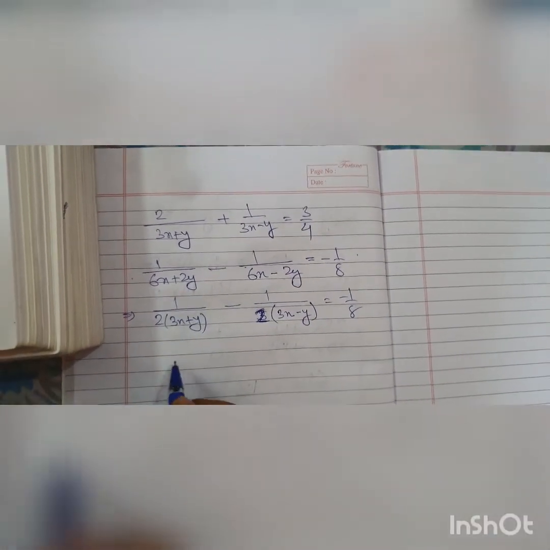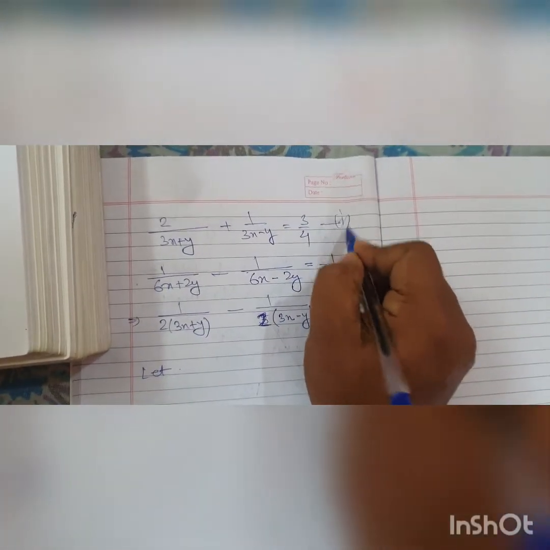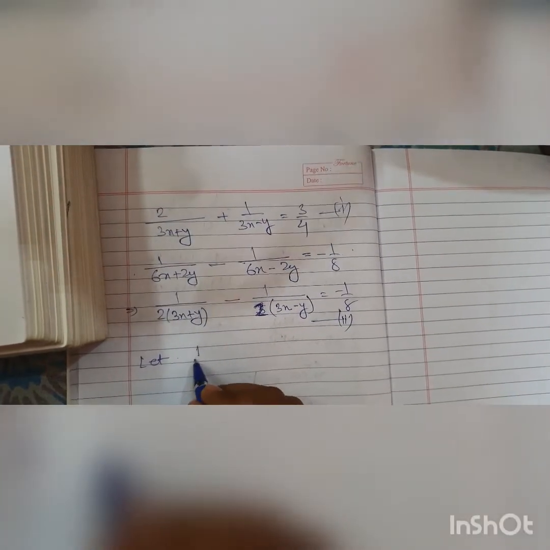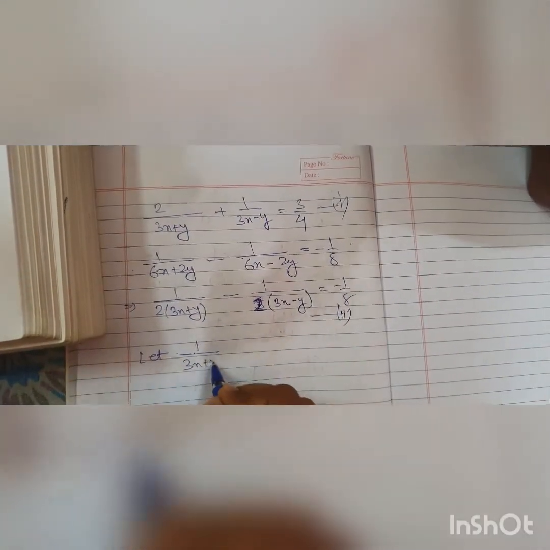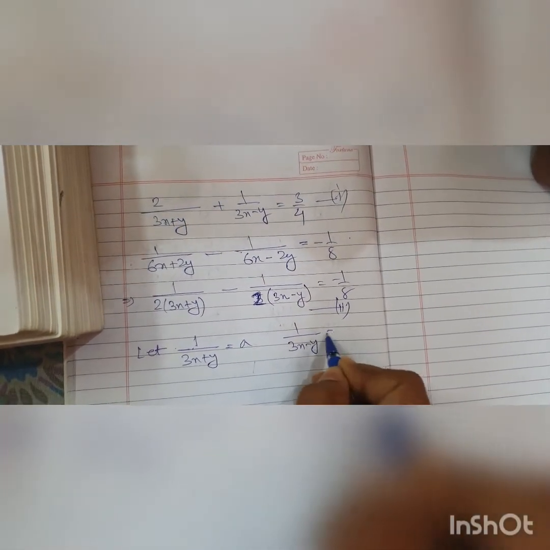Now let this be your equation 1 and this your equation 2. Let 1 by 3x plus y equal a and 1 by 3x minus y equal b.